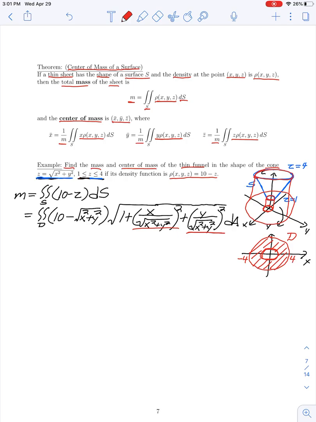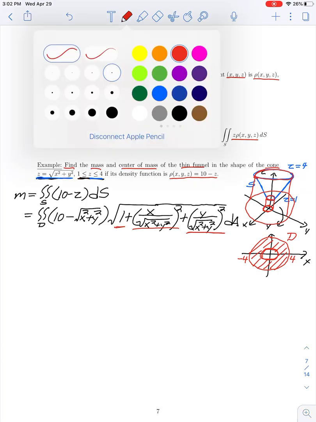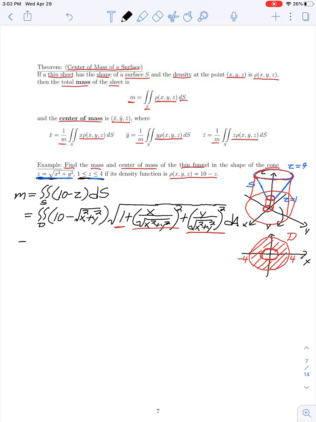So when I sum those two terms, I have x squared plus y squared divided by x squared plus y squared, which is just 1. So under the radical, I have a 1 plus 1. So altogether, I have a square root of 2, which I can factor out in front of this double integral over D. And I'm integrating 10 minus the square root of x squared plus y squared with respect to area.